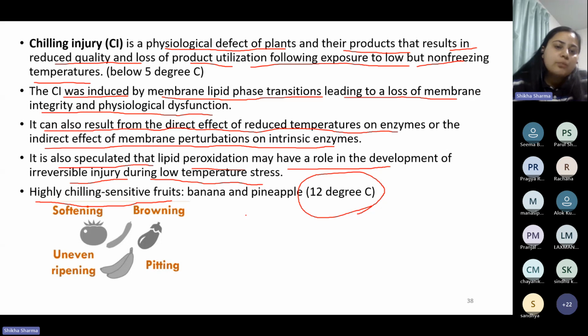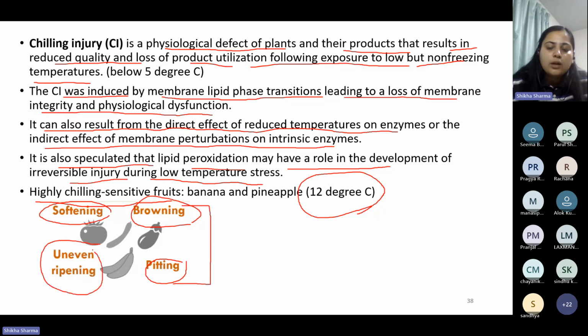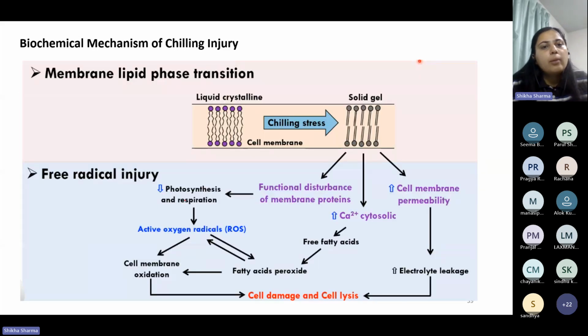There can be different symptoms that our fruit has undergone chilling injury: pitting in the fruits, browning, loss of texture or softening, or uneven ripening.